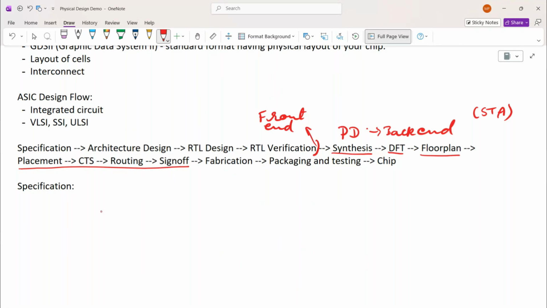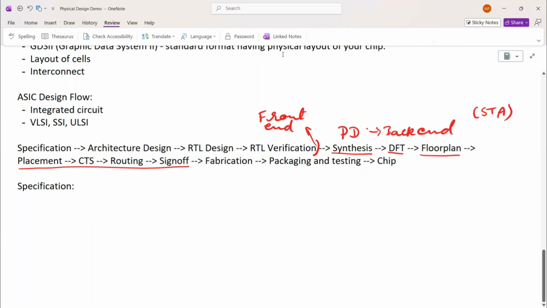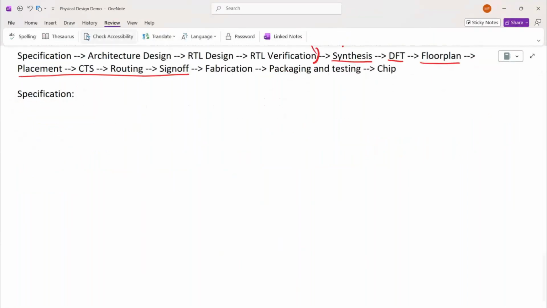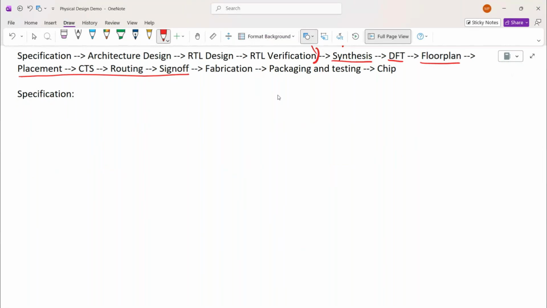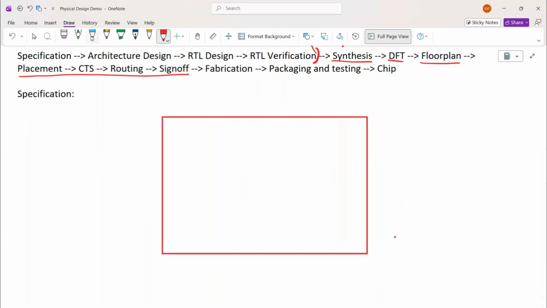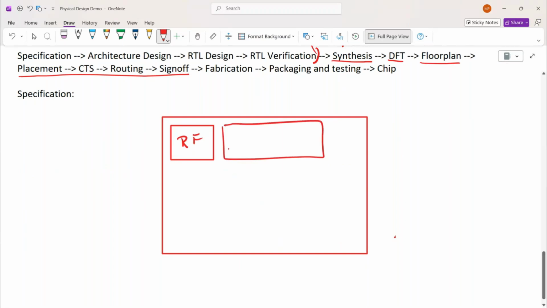So in the specification, we will have some idea that, okay, if this is a chip, roughly people can draw different things. It will be working on RF, this much memory will be there, right?